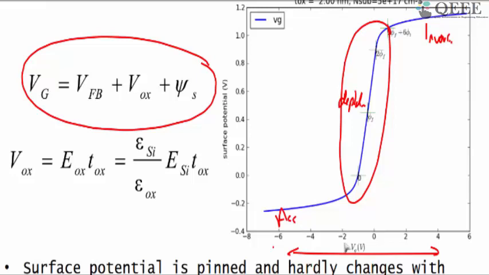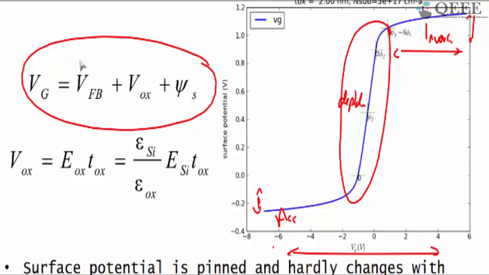You can see even though you vary the gate voltage a lot, between here and here, you are only changing the surface potential by a small amount. Similarly the same thing with accumulation. It's not changing much. We call this pinning. Even though we are changing the gate voltage a lot, the surface potential hardly changes.